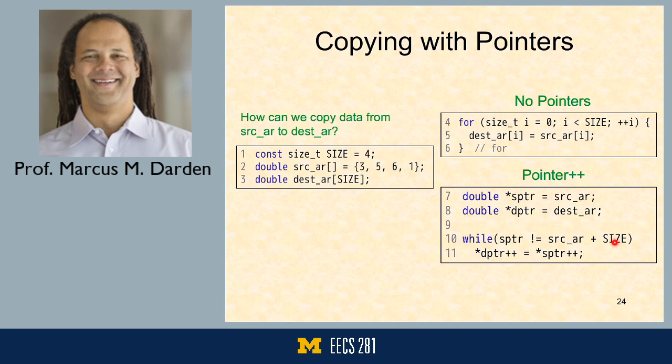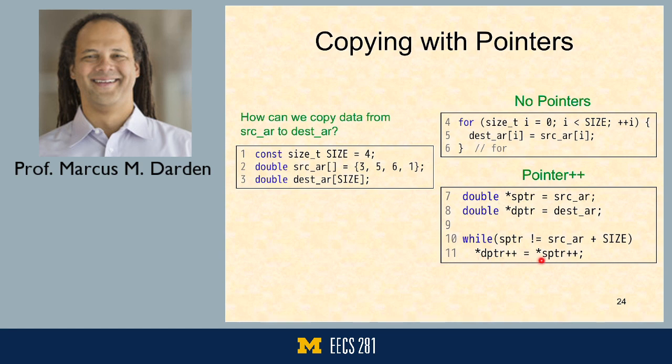So this while loop is just going to go through there and hit all size of these items and move them from the source pointer to the destination pointer. You see we're dereferencing the source pointer. Dereference the source pointer and then set that equal to the dereference of the destination pointer.